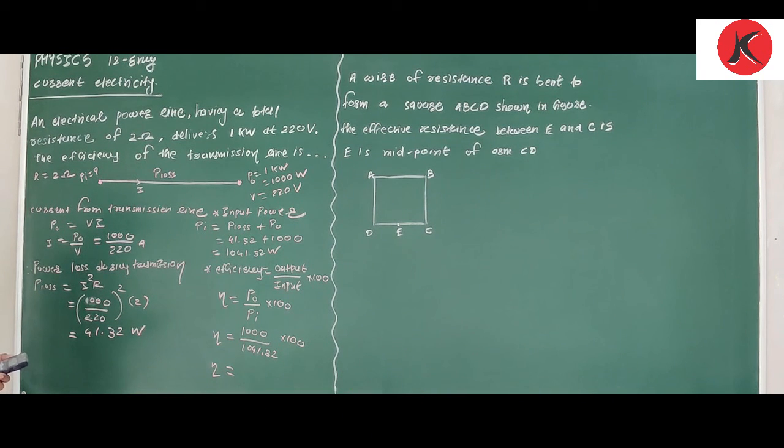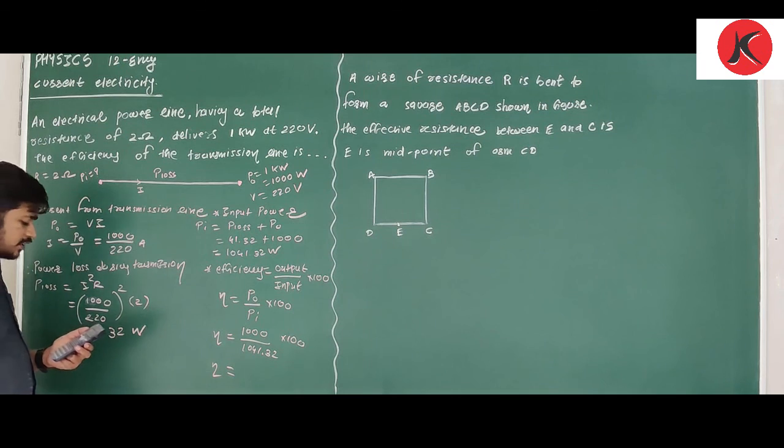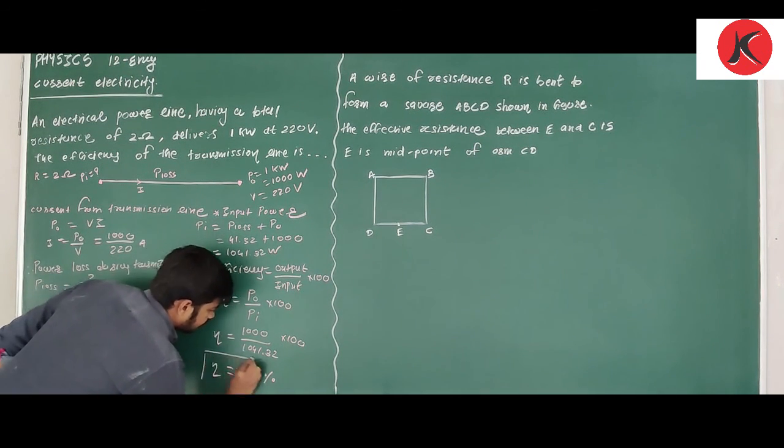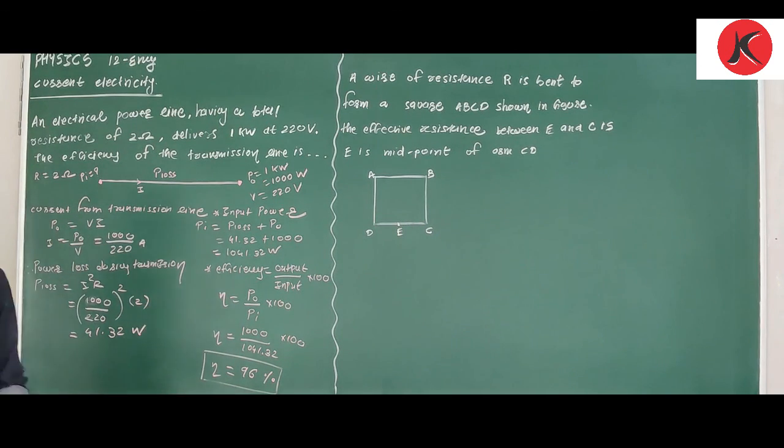It is 1000 divided by 1041.32 is equal to 0.960, and into 100 is equal to 96.032, meaning nearly 96%. So it is the efficiency of this transmission line. Clear? So it is one easy question: how to find the efficiency of a transmission line.